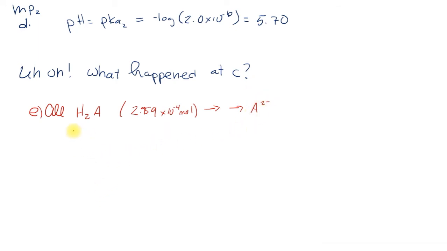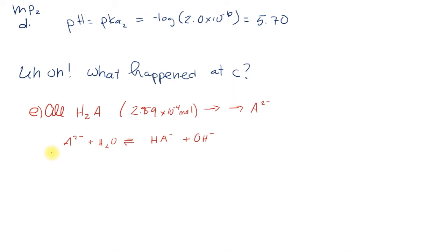All right, so if that's true, then I still have this many moles of A2 minus, and the pH at the equivalence point is going to depend on what A2 minus does with water. So this is basically a hydrolysis problem. This one's pretty straightforward because we're all the way at the end, so we are not amphiprotic here. There's no H's to give up. It can only be a base.